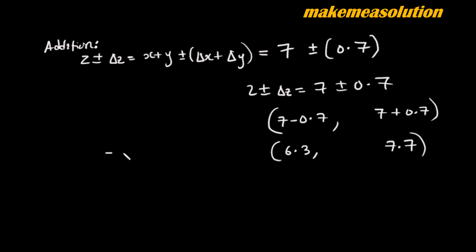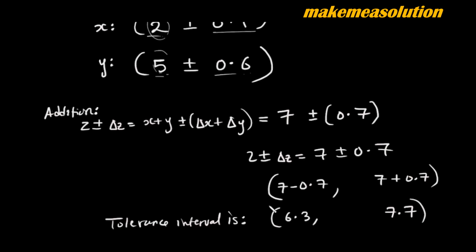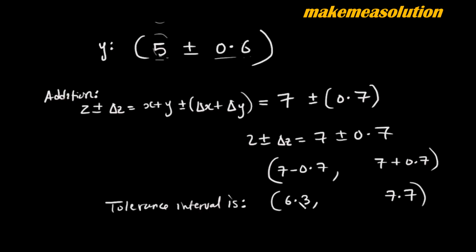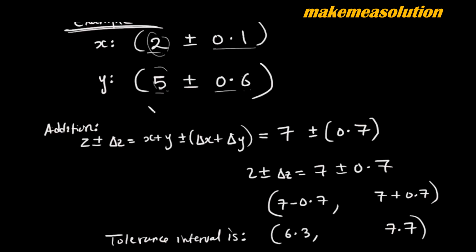So the tolerance interval is actually this to this, 6.3 to 7.7. Is that okay? So this is what we got when we added these two ranges together, using the formula that we established in the last class.